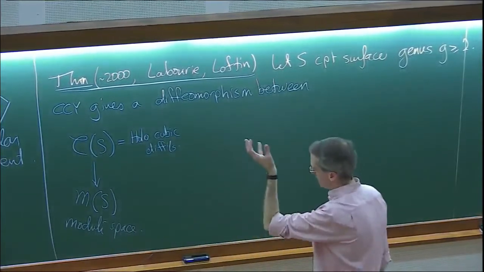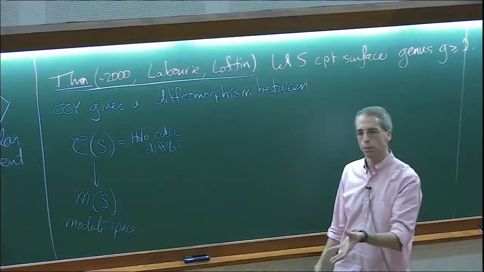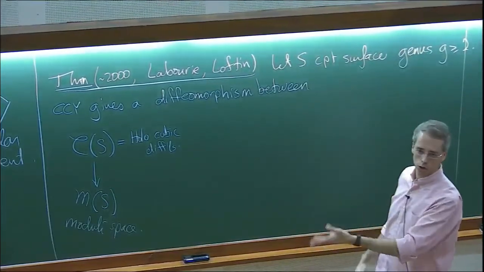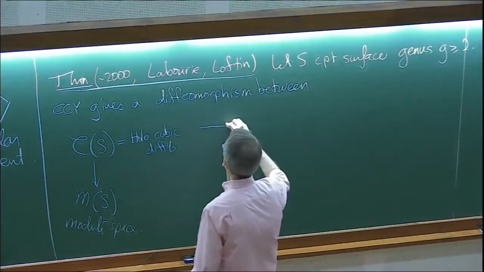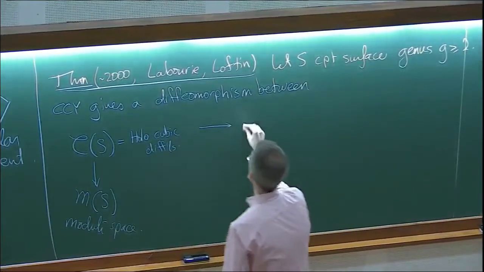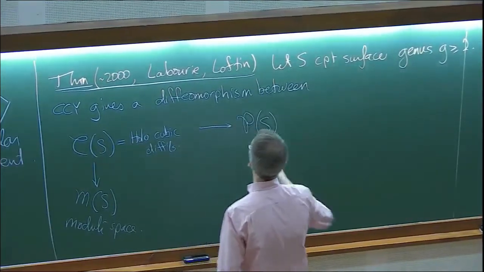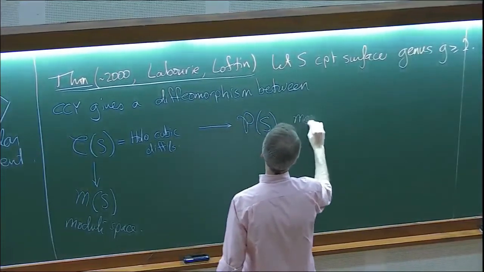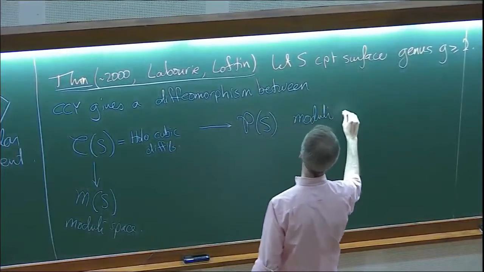Okay, so in total, C of S is the space of all pairs: a Riemann surface structure on S and a cubic differential on that Riemann surface. It gives a map from those to what I'll call P of S, and this is going to be the moduli space of convex RP2 structures on S.